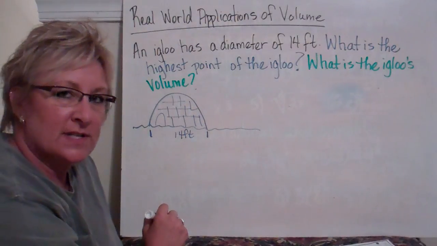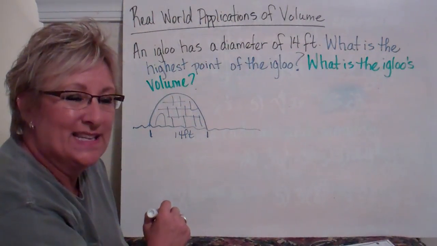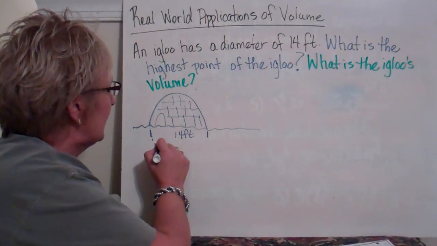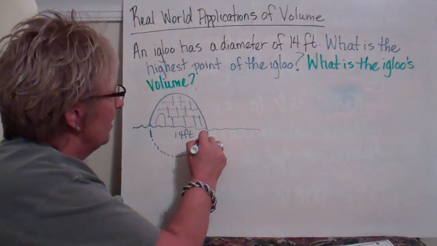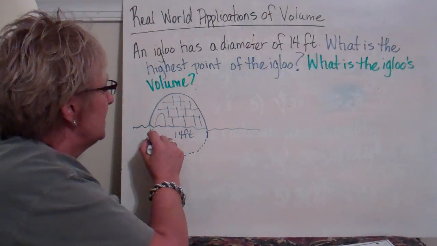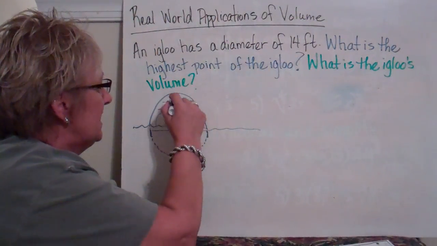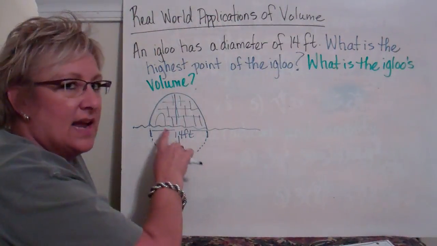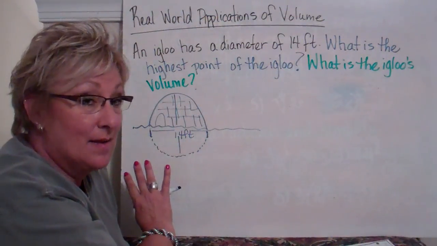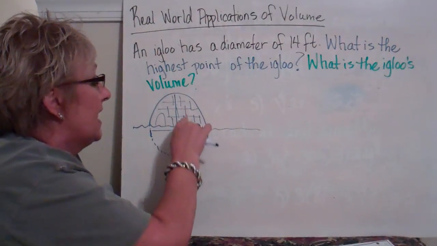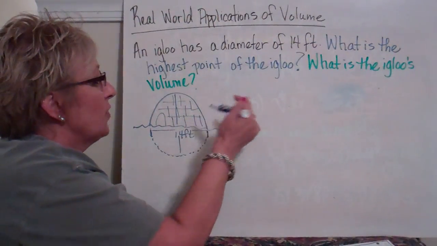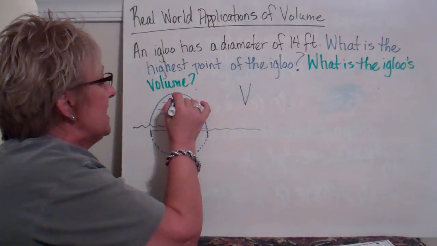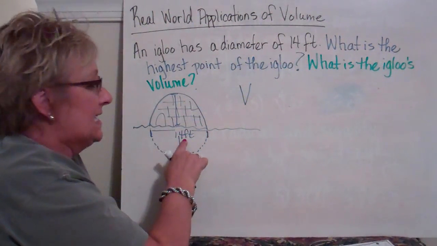Okay. The first thing I know about an igloo is that it is half of a sphere. So if I were to take this and go around and around like this, I know that if the diameter this way is 14, the diameter this way is 14. So the height of this, or its radius, should be half of 14, which is 7.